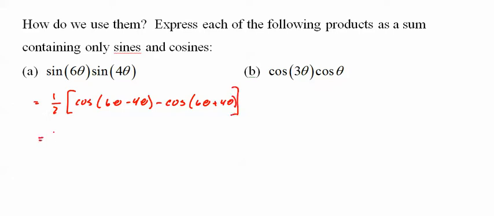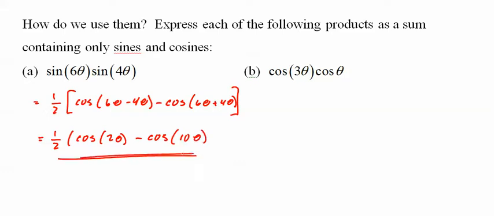So we get 1/2 of cosine of 2 theta minus cosine of 10 theta. That's it. And again, what's the big deal? Well, now we have two things being added, subtracted instead of multiplied, and we can mess with them if we need to. And the answer to the question is it's not a big deal.